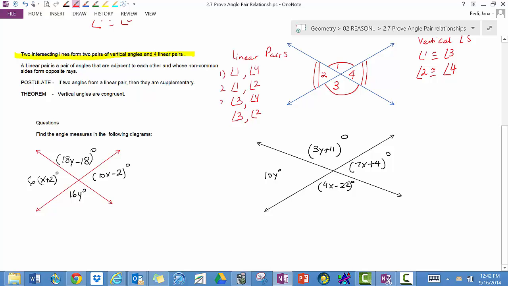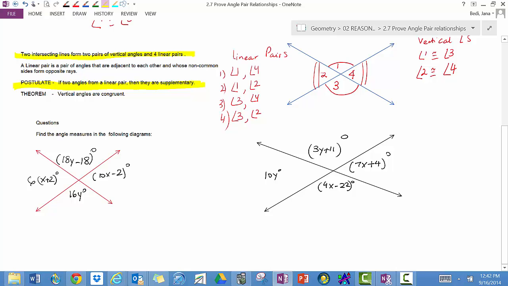So these are our four linear pairs. And the linear pair postulate states that if two angles form a linear pair, then they are supplementary. Note that in this particular postulate, it doesn't say that they add up to 180. It just says they're supplementary.